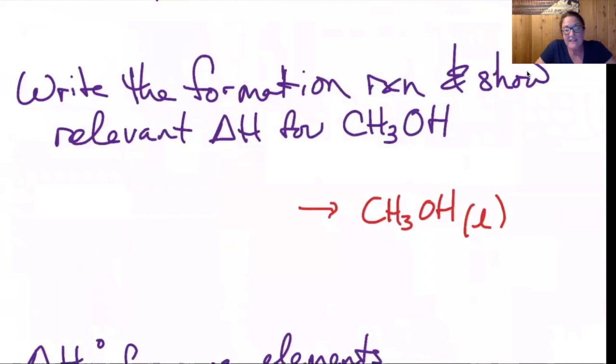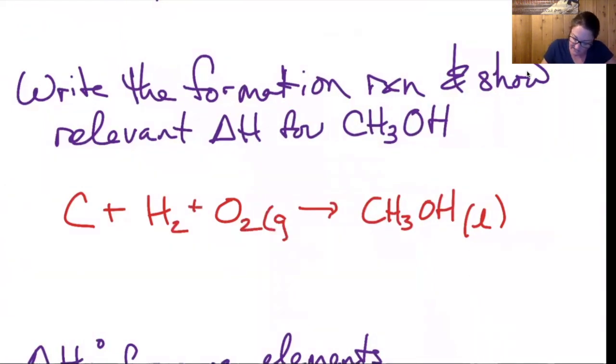Now in this case, we have 3 elements we're making it from. It's got carbon, hydrogen, and oxygen. Carbon is not diatomic, hydrogen is, and oxygen is. Both hydrogen and oxygen are gas at room temperature. Carbon is a solid at room temperature.